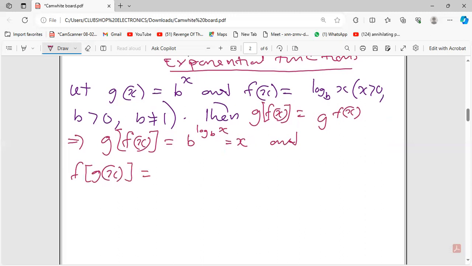This simply means we have log b of g of x. It's the same as log b of, what is g of x? b to the power x. This gives x.